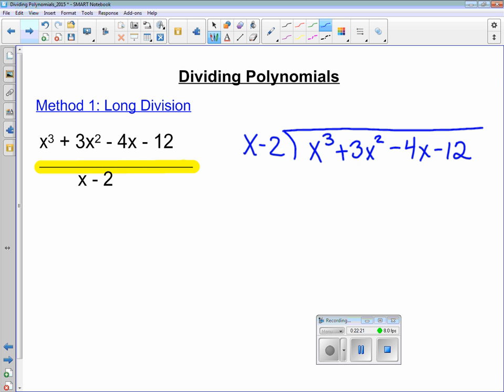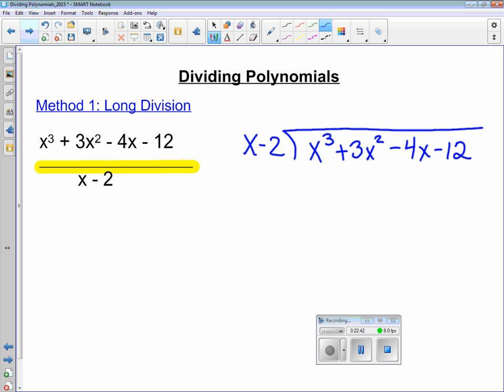Does it go x cubed, x squared, x? No x. If you are ever missing 1, you have to fill it in with a 0. That's an important part. We're not missing 1 here, and that's okay.